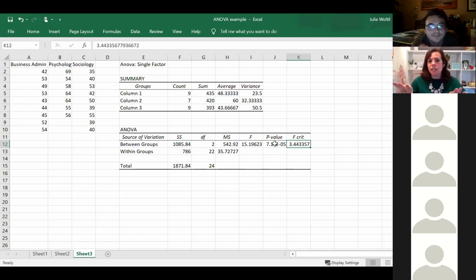There's no difference. It's status quo. Your research or your alternate hypothesis then says there is actually a difference, right? With a t-test, you could say one is greater than the other. With an ANOVA, we can't do that. We could just say they're not equal to one another. So when you get a significant result, that tells you they're not equal. They're actually different. So because of that, we have to reject the null hypothesis.